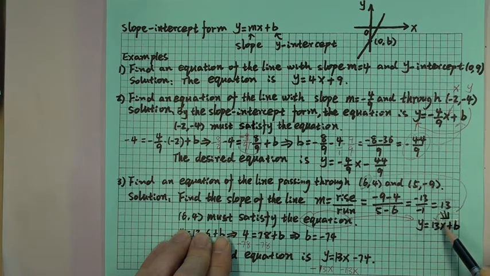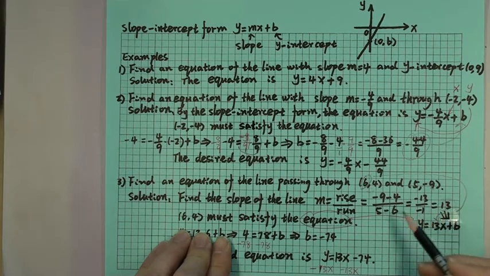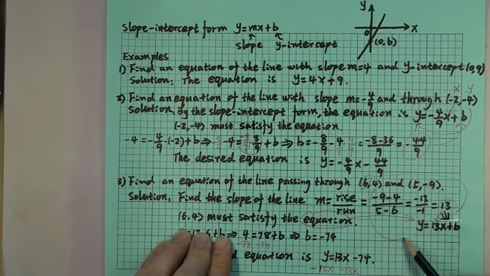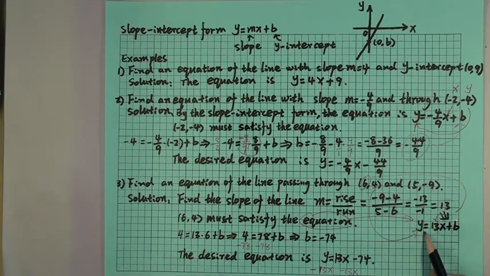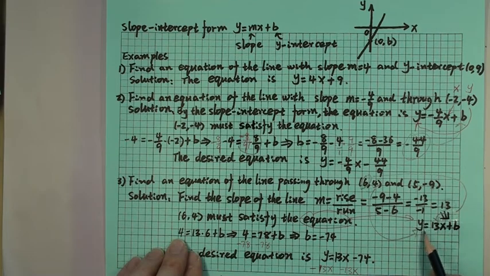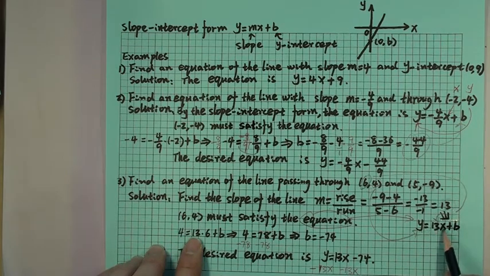this place, and then y goes to here. Okay, so then 4 equals what? 4 equals 13 times 6 plus b.